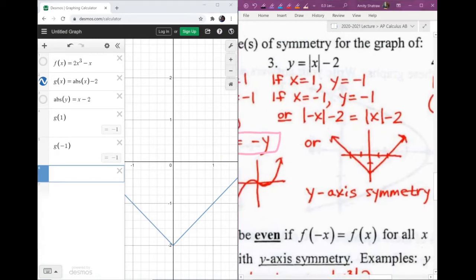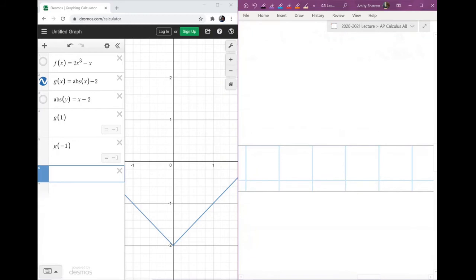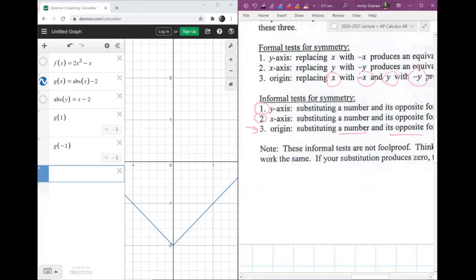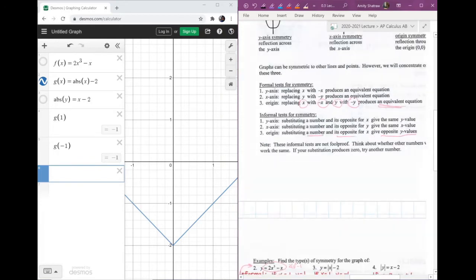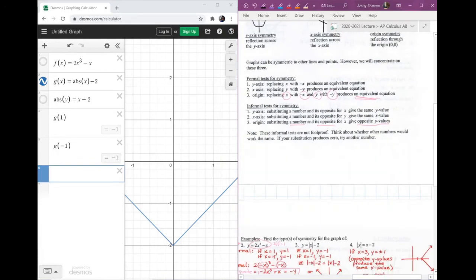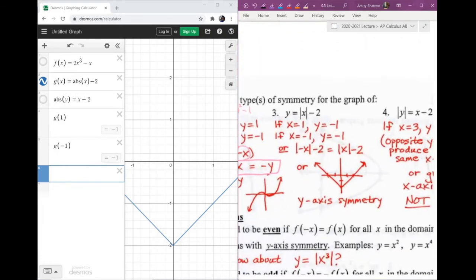So let's look at those lecture notes again. We're zooming back over here. We say then that we substitute a number and its opposite, and then we get the same y value. Boom, means that it is symmetric on the y-axis. I fold this paper in half on this line, and those two lines will meet. The work goes like this.